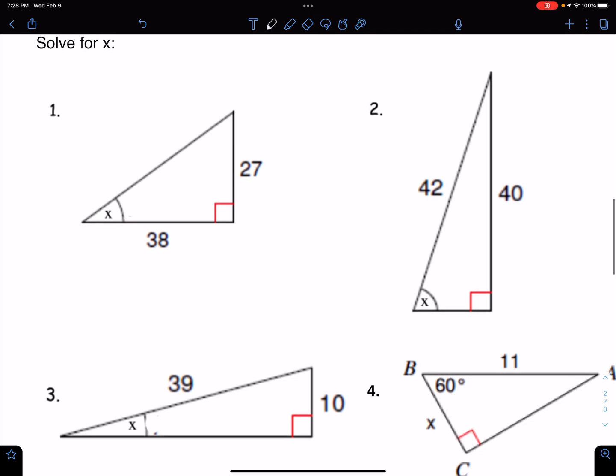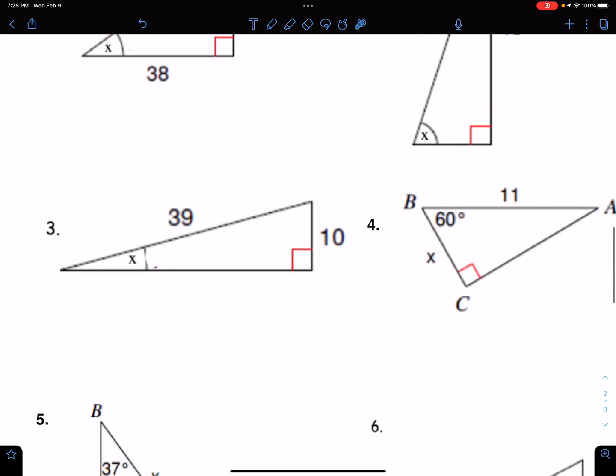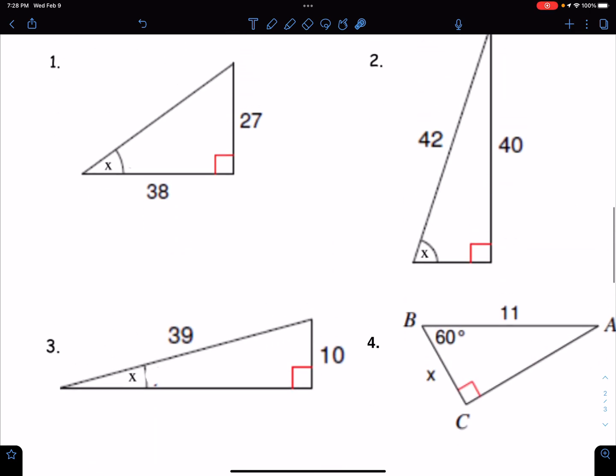Okay? So I say solve for x. And these are the only sides I have listed. So basically, here, I'm going to try to solve for the angle, or x at least. So in this case, here's my person.